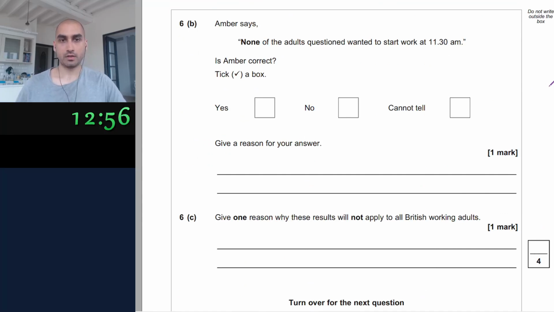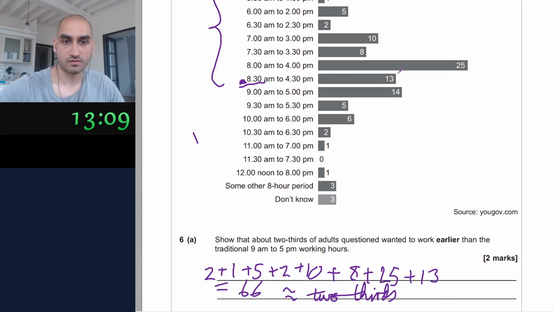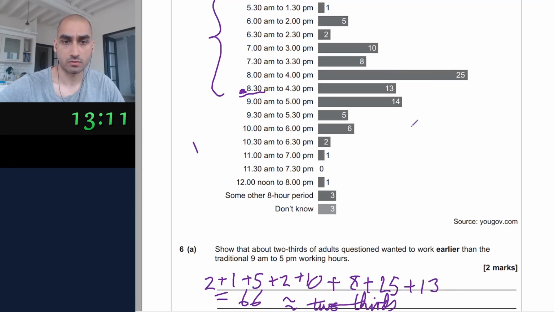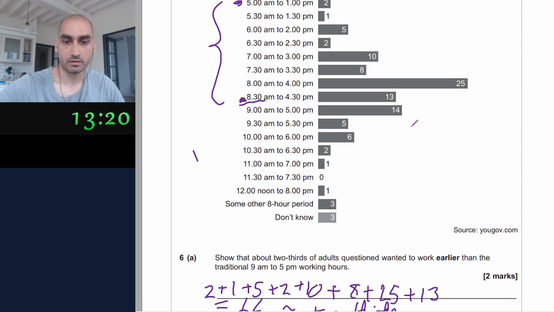None of the adults questioned wanted to start work at 11:30 a.m. So there was 0, rounded to the nearest whole number.